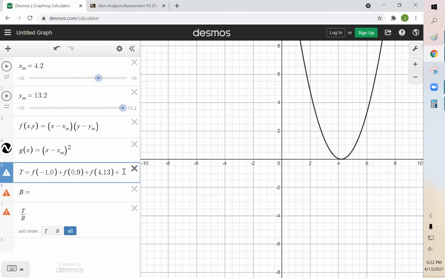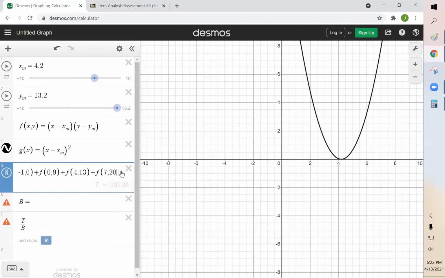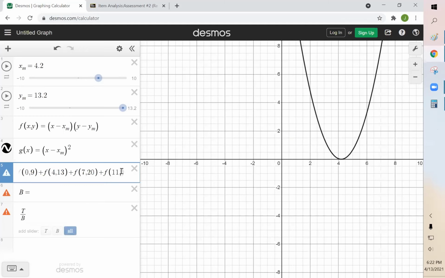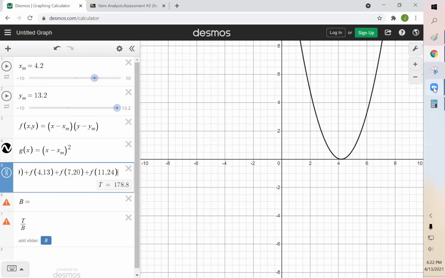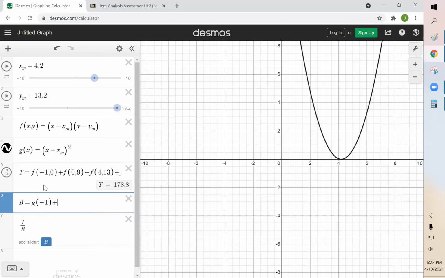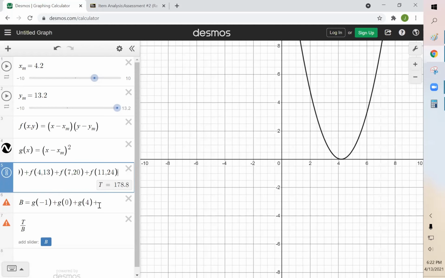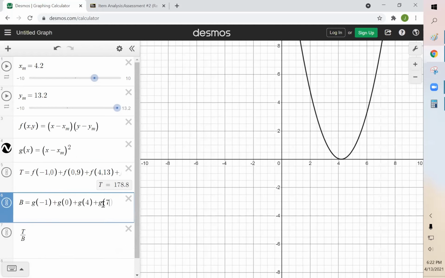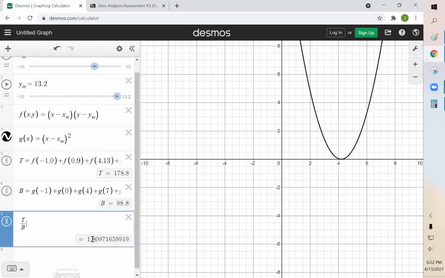Then we have 7, 20 and 11, 24. And the bottom is just the sum of the g's of the x's. So we had -1, 0, 4, and 7, and 11. It finishes the rest. That is our B1.